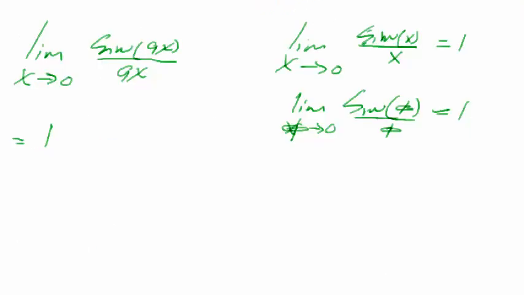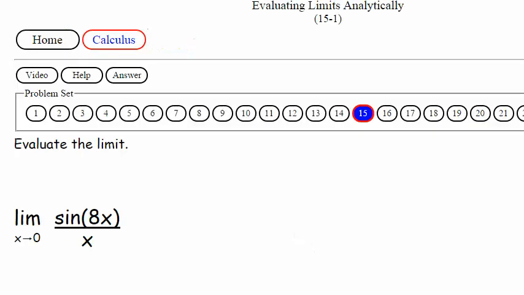Let's move over to the whiteboard and let's clear that up. And how about a different color? Okay, we'll do this gold looking thing here. We got the limit as x approaches 0 of sine of 8x over x.